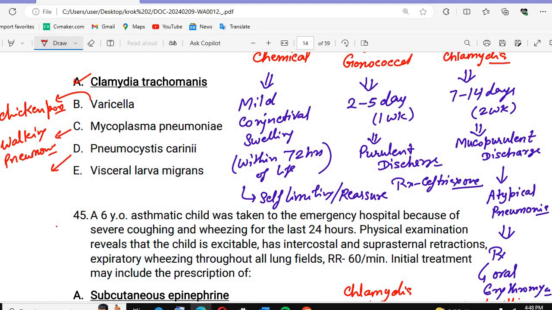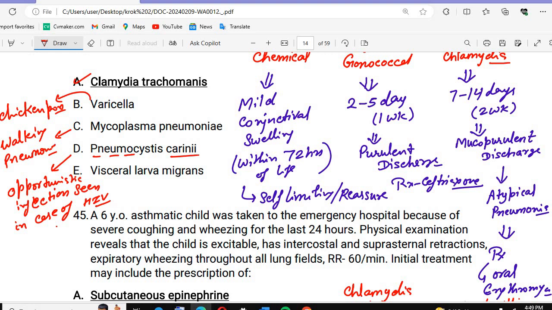Pneumocystis carinii. So remember, this is an opportunistic infection seen in HIV patients. Opportunistic infection means that HIV patients are immunosuppressed.